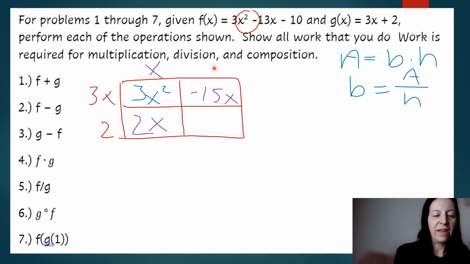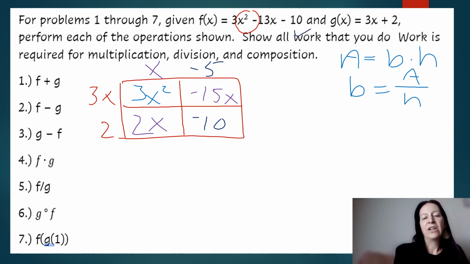Because negative 15x plus 2x is where we would get that negative 13 from. 3x times what would give me negative 15x? Well, that would be negative 5. And then negative 5 times 2 is negative 10, which is nice.